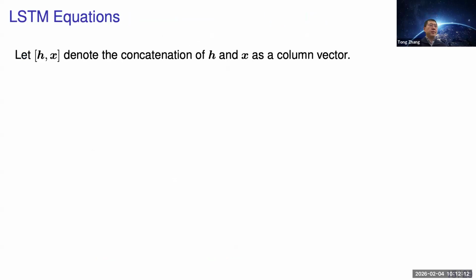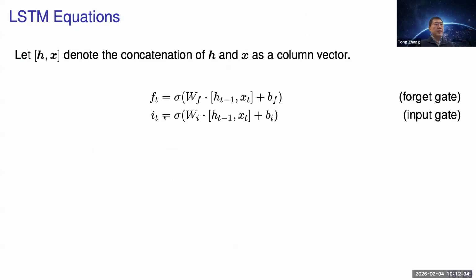Here are the equations we could get, right? This is the so-called forget gate. Hopefully if it's one, it becomes a residual net. But this is learnable. Each time you take the input x and your hidden states, and then you get the forget gate.